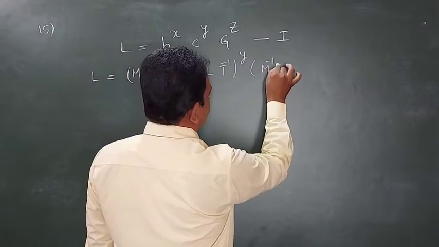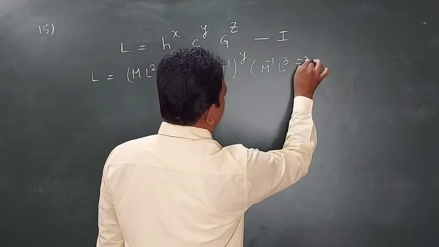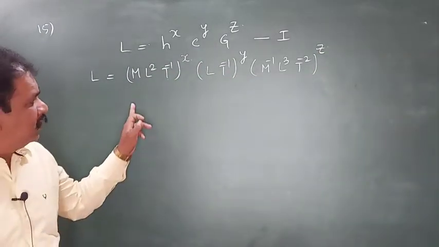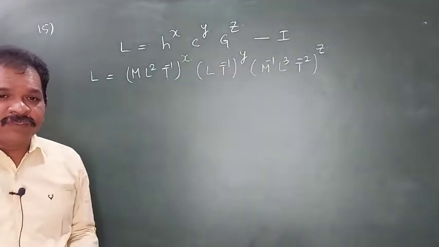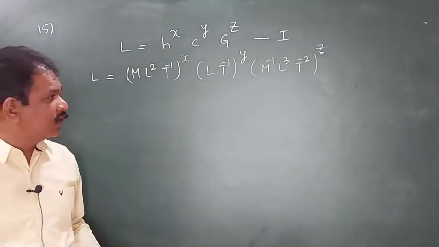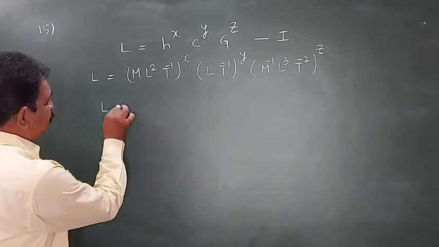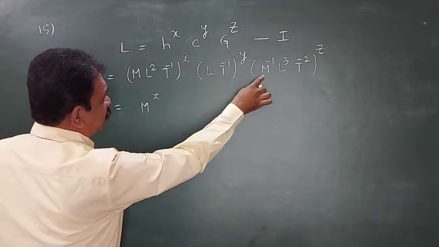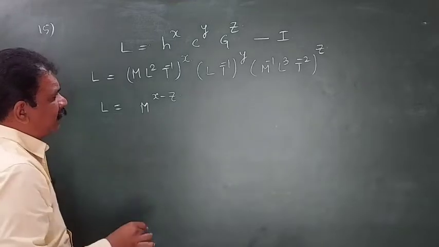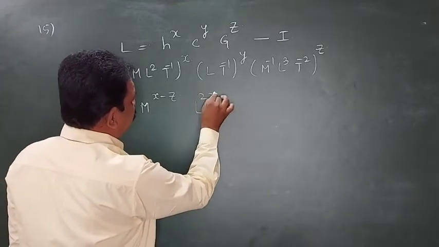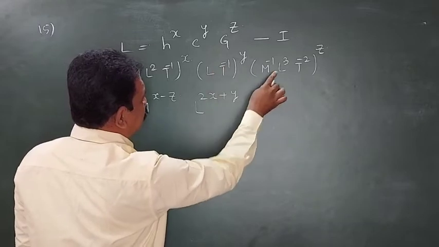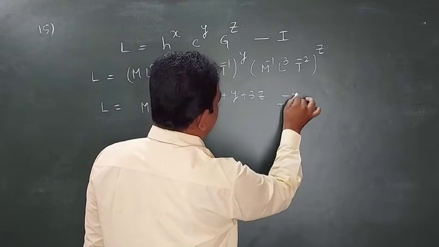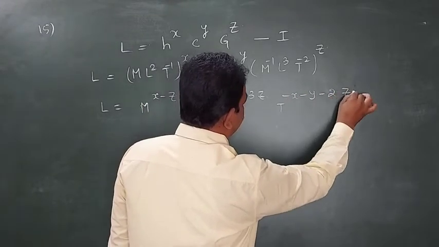Universal gravitational constant, (M^-1 L^3 T^-2) power z. We have to write dimensional formulae of those physical quantities on both sides. Then L is equal to M^(x - z), L^(2x + y + 3z), T^(-x - y - 2z).